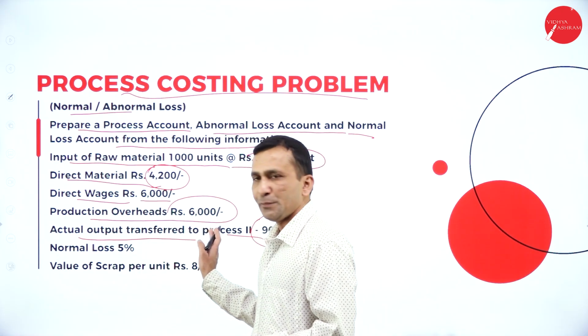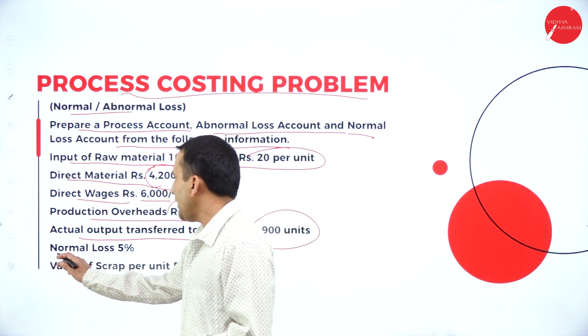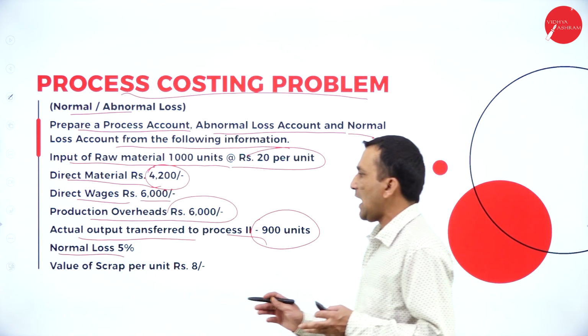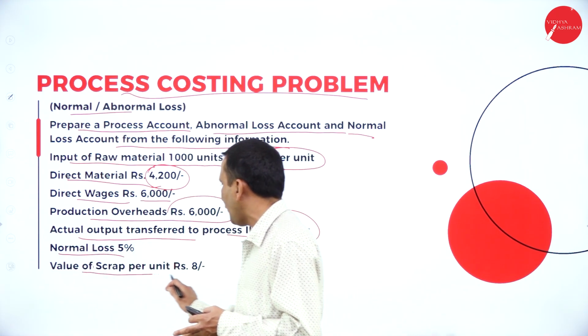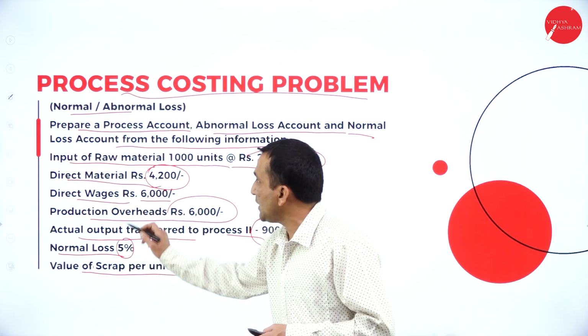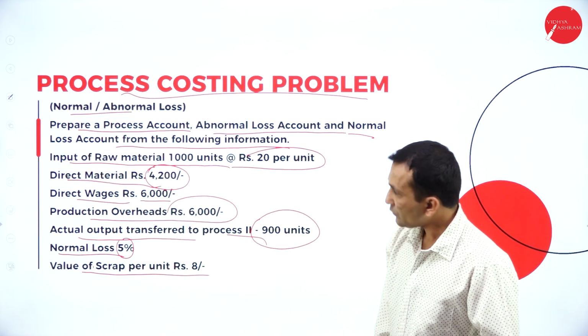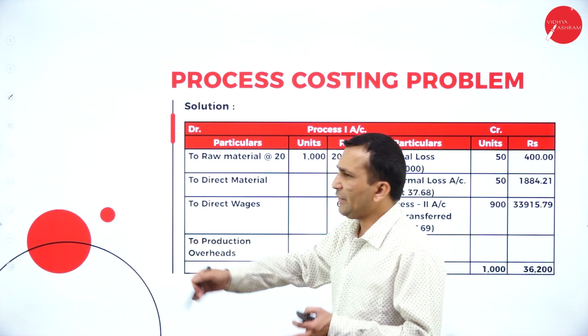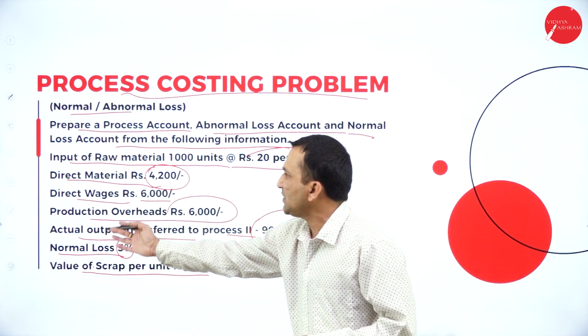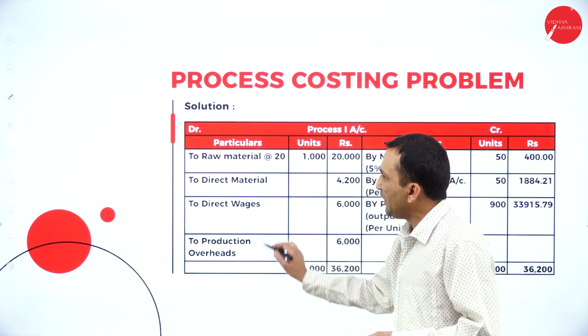Now, a normal loss of 5% is given, and the scrap value for normal loss is given as 8. So we need to calculate this 5% on the input value. Whatever information is given, all expenditures, we write on the debit side.